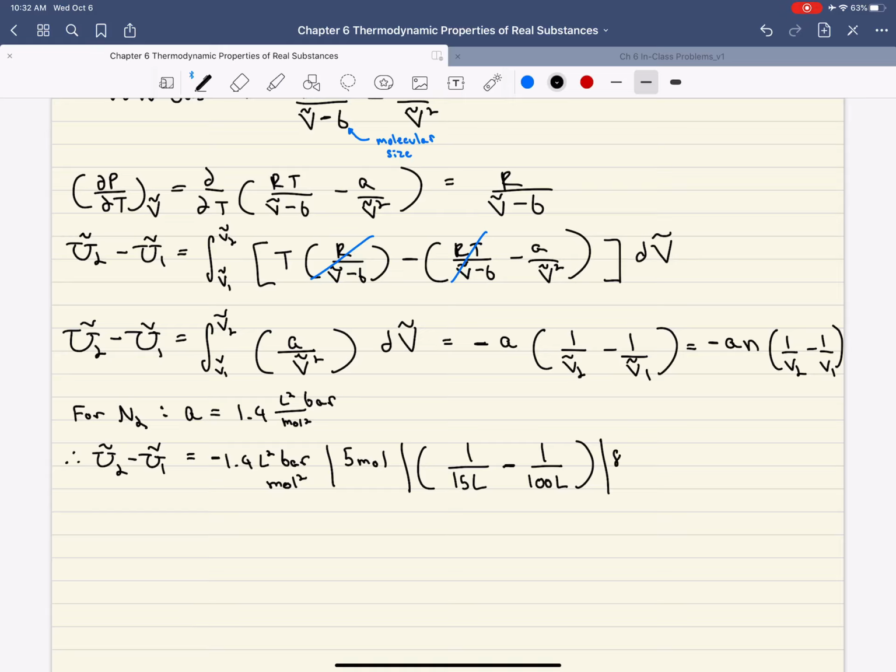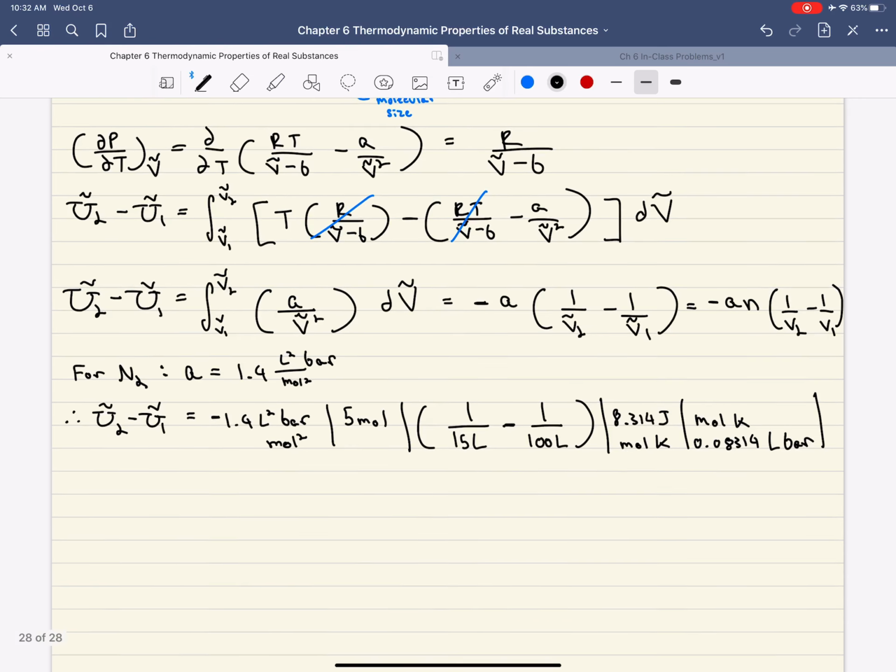Okay, so to do this unit conversion, I want to get rid of those bars. So I'm just playing around with units here. Okay?